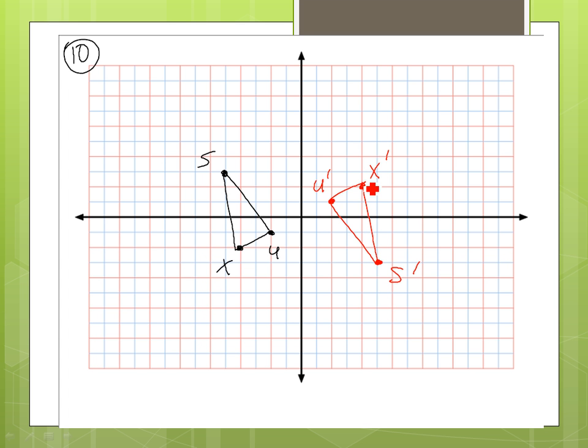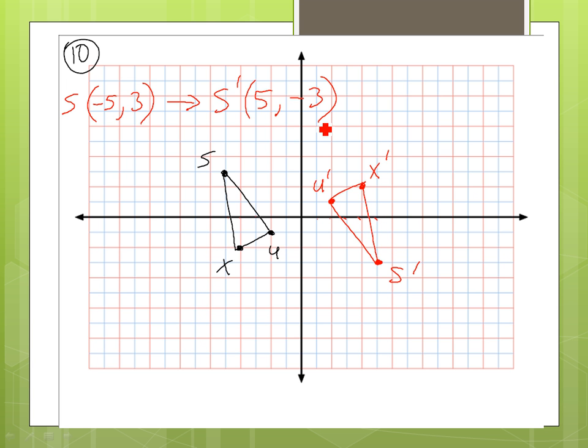And again, all we got to do is pick a point. Let's pick S. The original S was 1, 2, 3, 4, 5, so -5, 3. And that went to S prime, which was 1, 2, 3, 4, 5, -3.